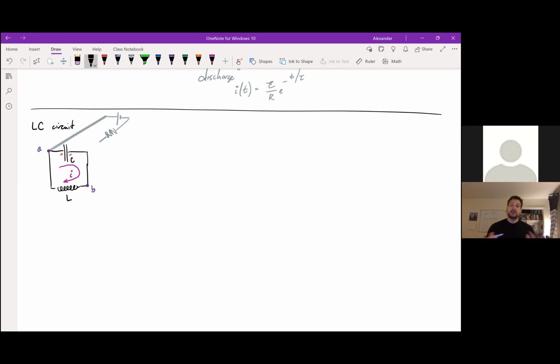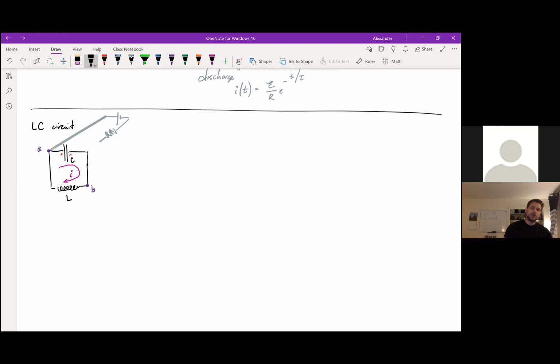At which point the potential difference across the capacitor will start to oppose the continued current, and eventually the current through the inductor will decrease when the potential difference across the capacitor is what it was, just the reverse, and then back again.